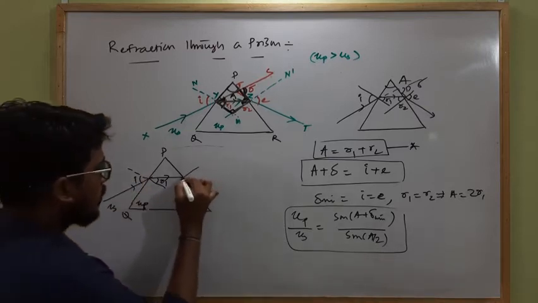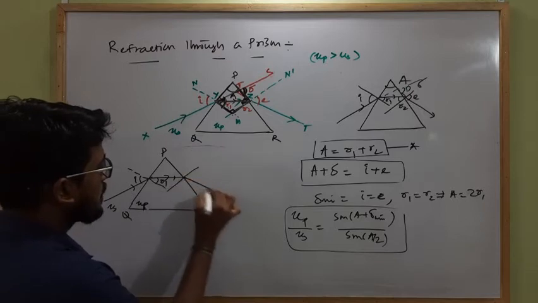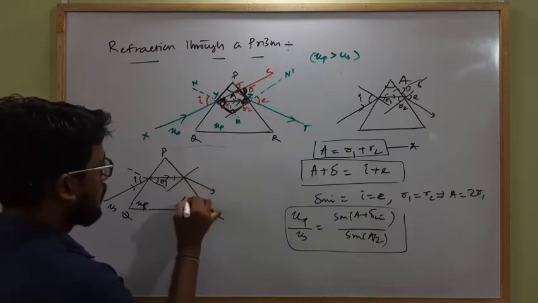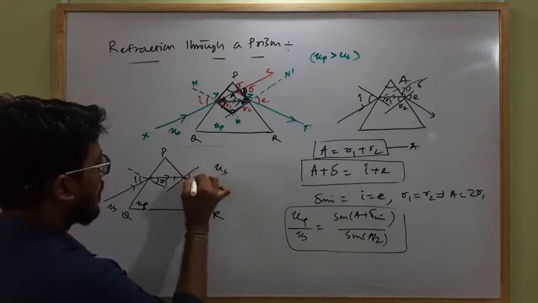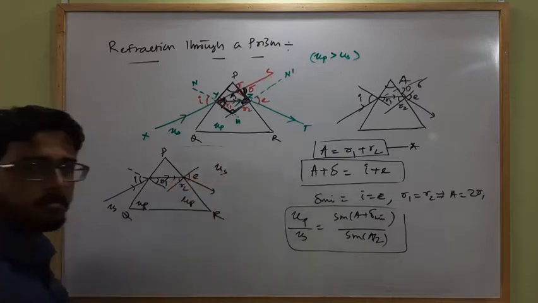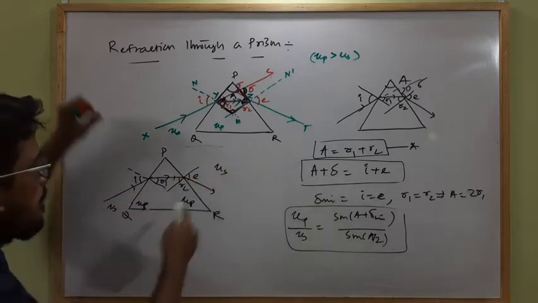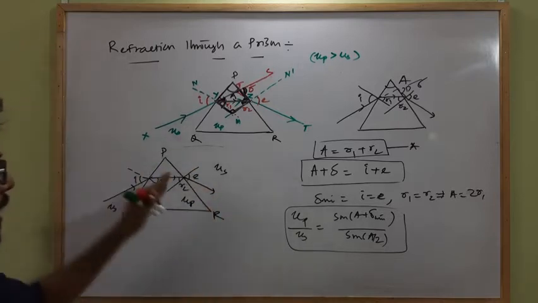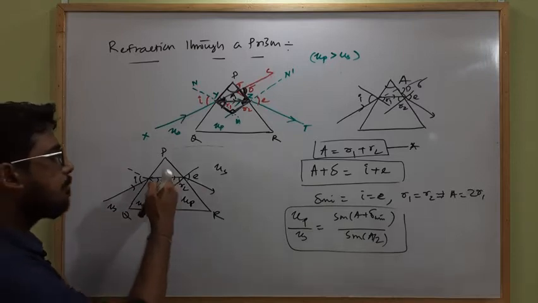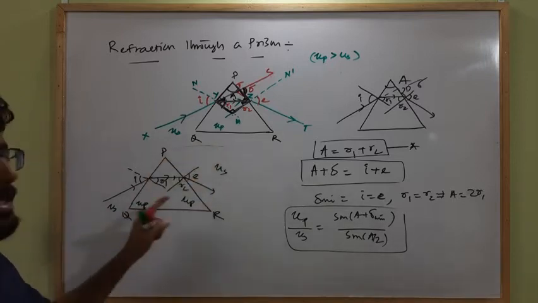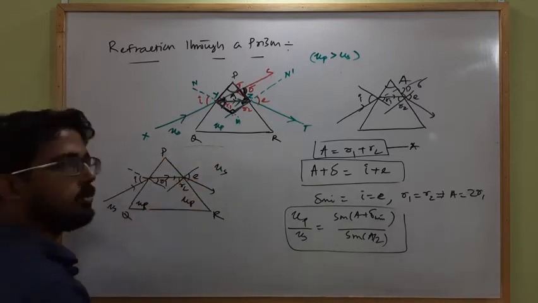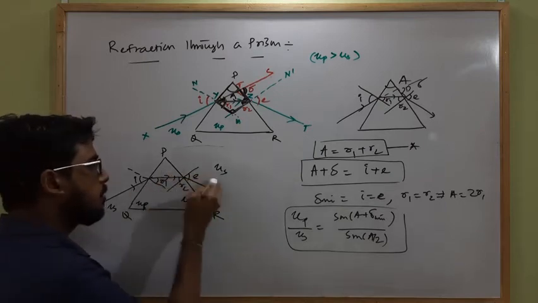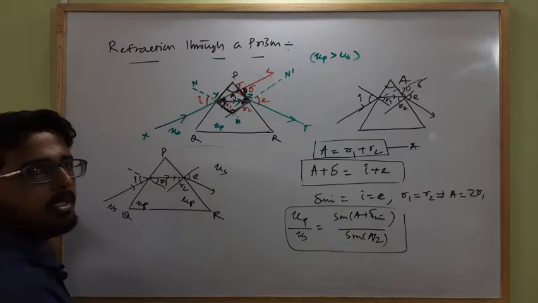But when the light travels at this edge PR, it travels from denser medium to rarer medium. Clear? So there may be a chance at the refraction during the PR surface when light travels from the prism medium to the surrounding medium. There may be a chance for getting total internal reflection, because when light travels from denser to rarer medium, there is a chance of total internal reflection.